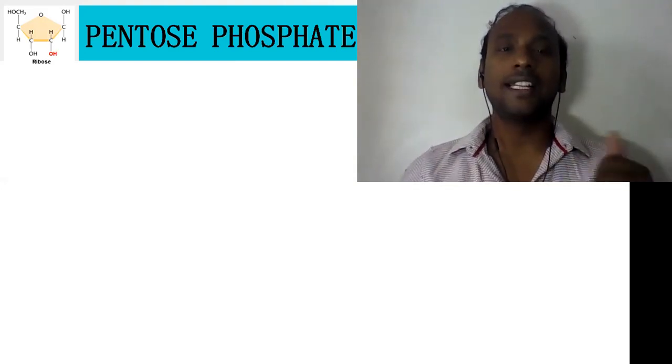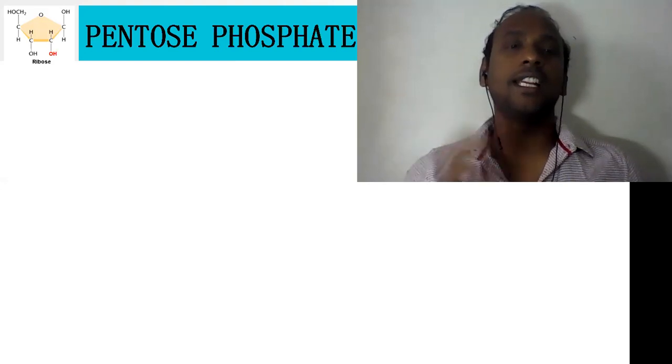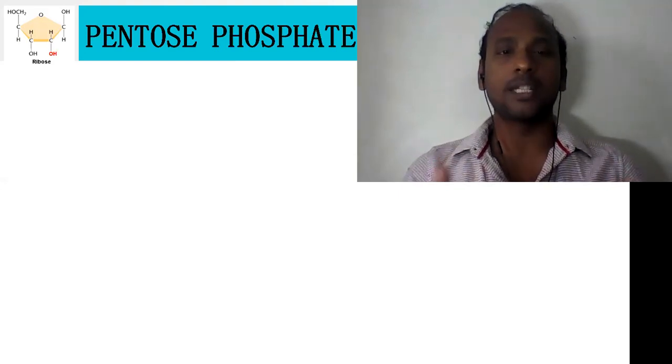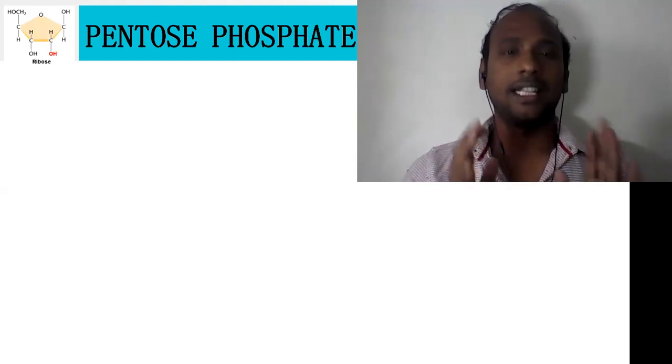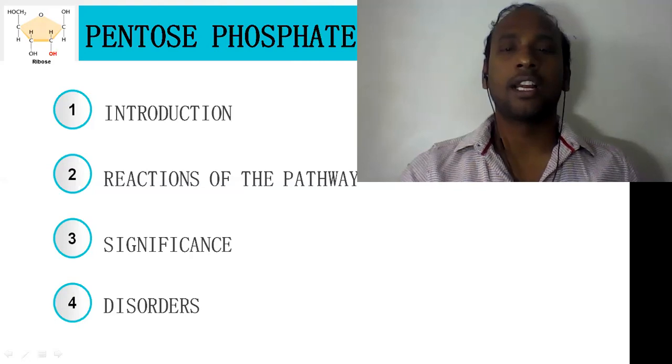So we call the pentose phosphate pathway anabolic, whereas the other pathway is catabolic. Is it clear? Also try to remember the pentose phosphate pathway, hexose monophosphate shunt, and phosphogluconate pathway. These are three alternative names for a single pathway. We will discuss this in this class.